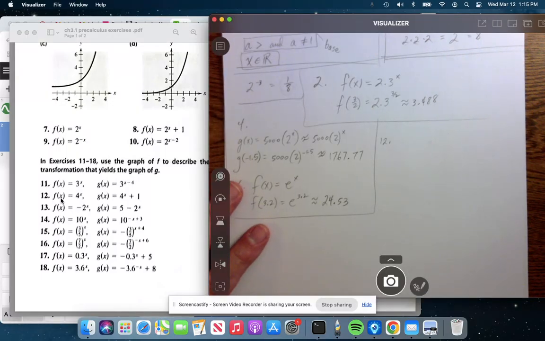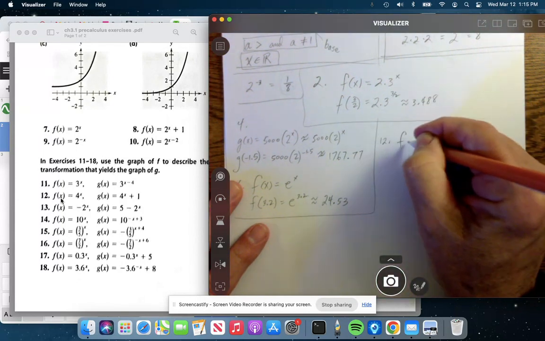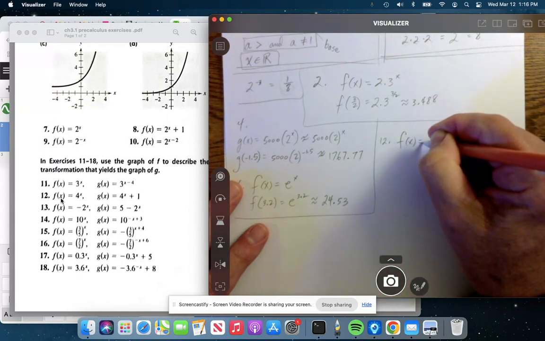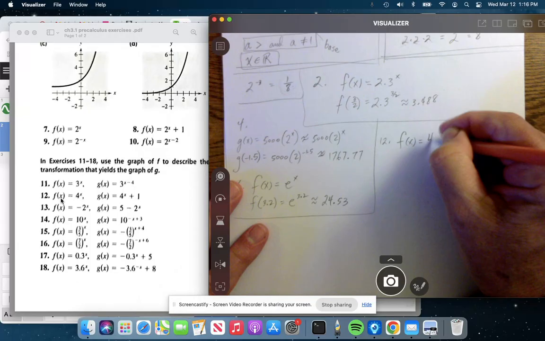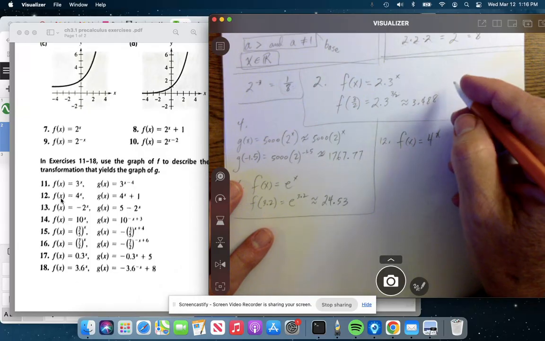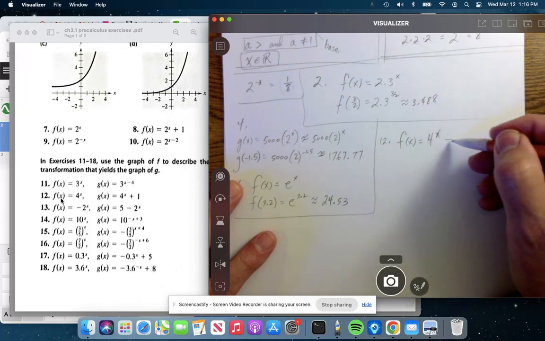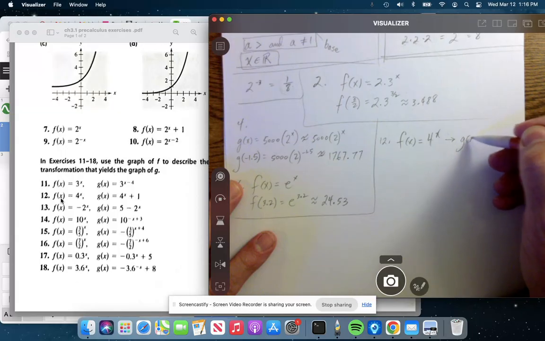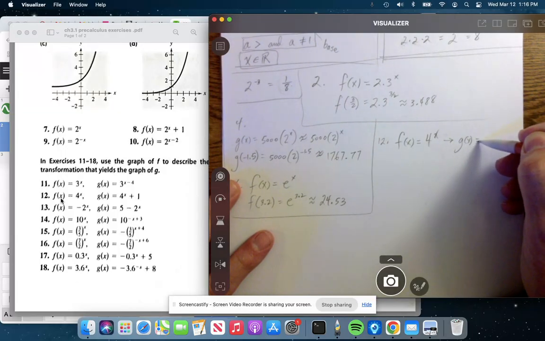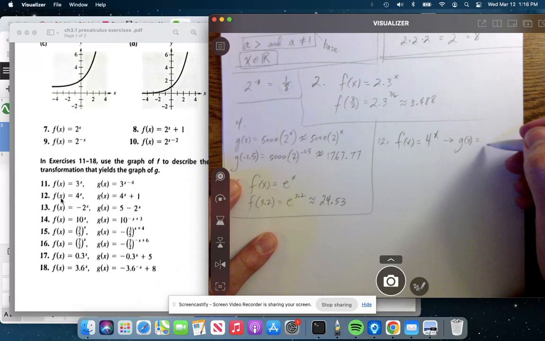So number 12 is f of x equals 4 to the x, versus g of x, which equals 4 to the x plus 1.